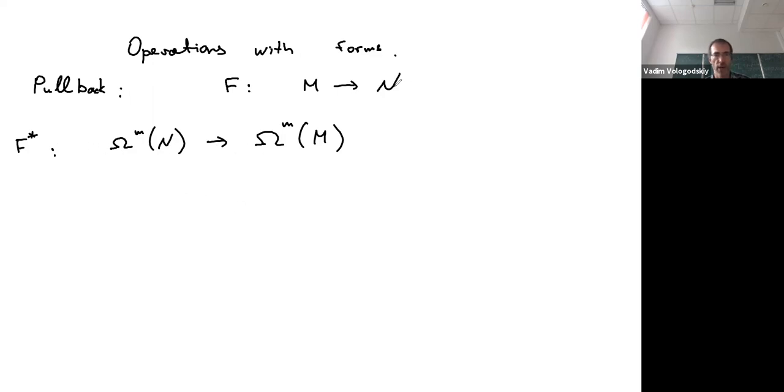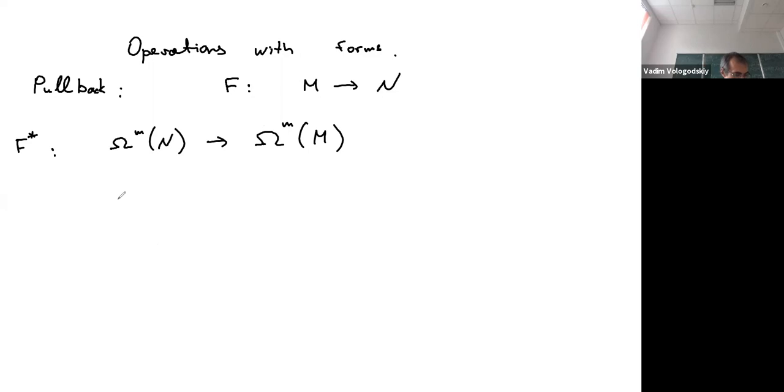If you have a function on M, then you can compose it with F and get a function on N. And this operation generalizes the pullback operation for functions, which is simply composition with F. So how do you define it? And let's see why it works for differential forms. It doesn't work for vector fields.